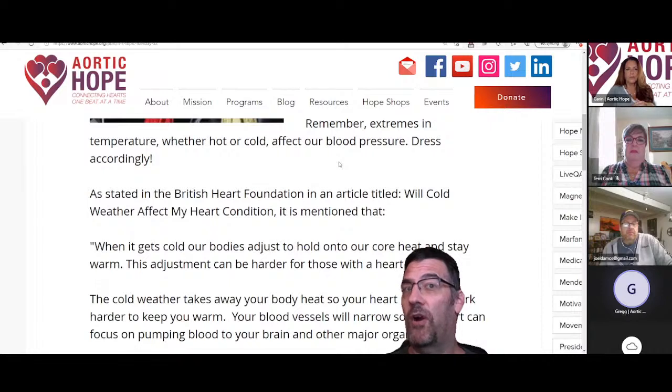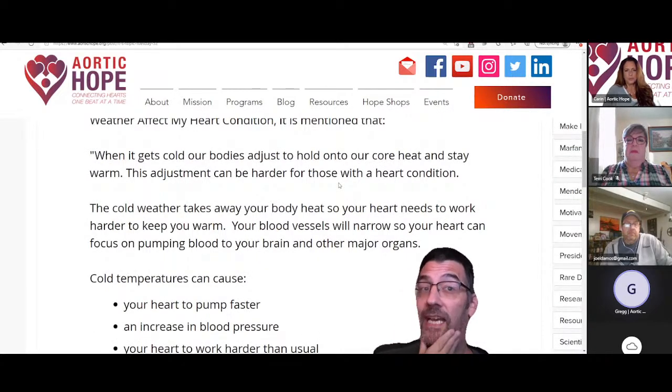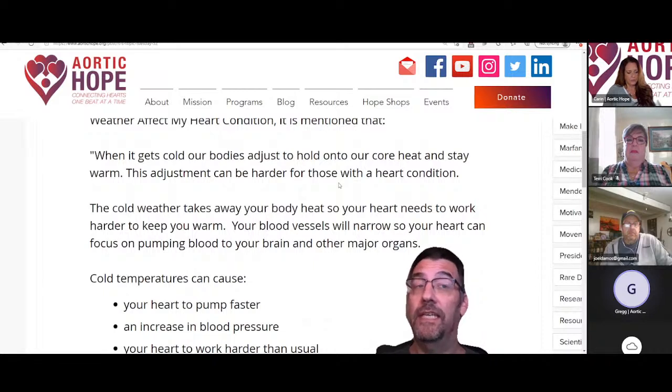As stated in the British Heart Foundation, in an article called "Will Cold Weather Affect My Heart Condition?" it is mentioned that when it gets cold, our bodies adjust to hold onto our core heat and stay warm. This adjustment can be harder for those with a heart condition. The cold weather takes away your body heat, so your heart needs to work harder to keep you warm.